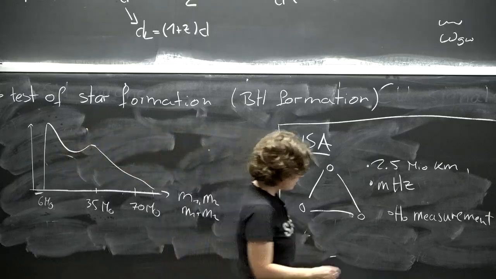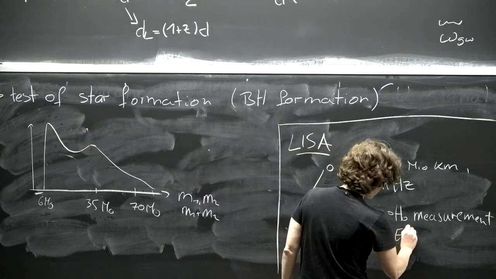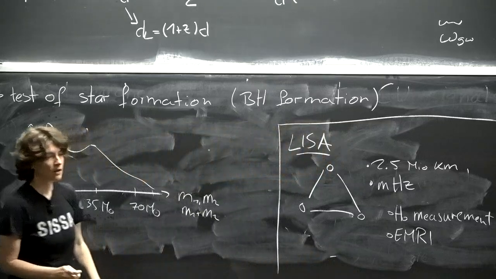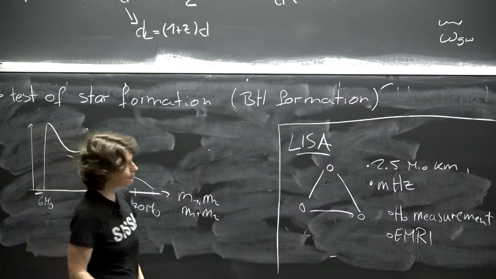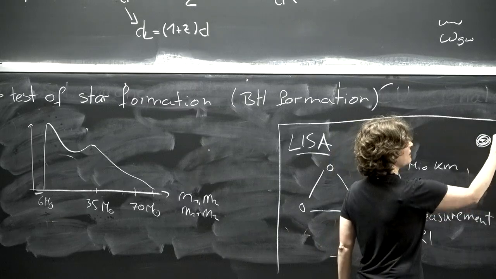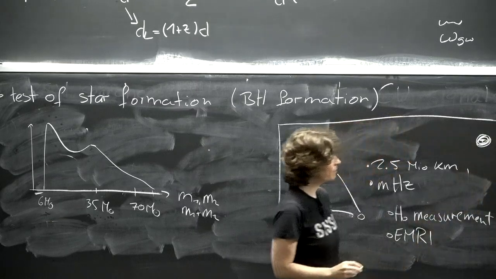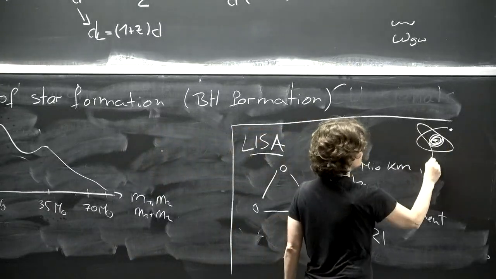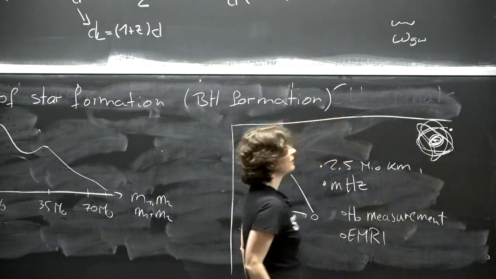Another exciting object are what is called the extreme mass ratio inspirals. So these are objects where you have a heavy black hole, a supermassive black hole in the middle, and a light black hole, which is in a bound orbit. And then if you look at what this orbit looks like, it will do something like this, right?